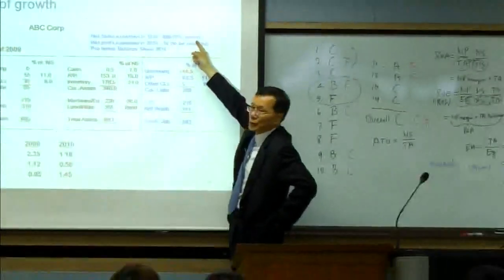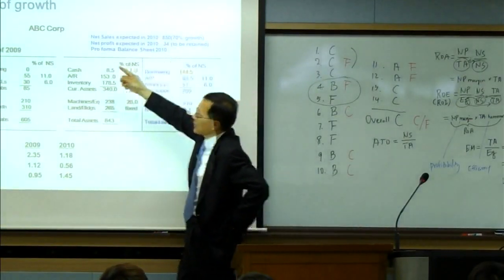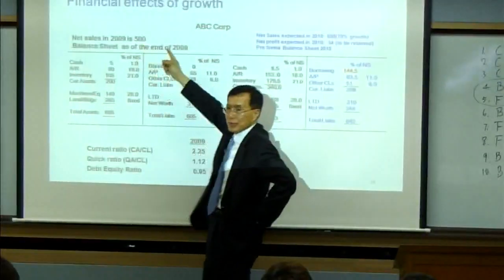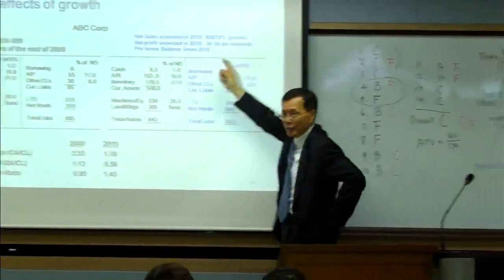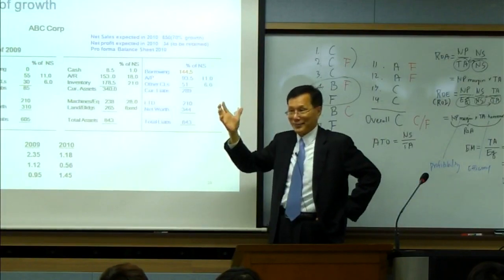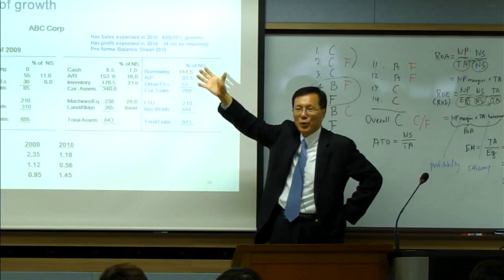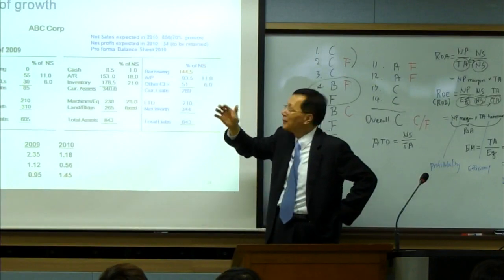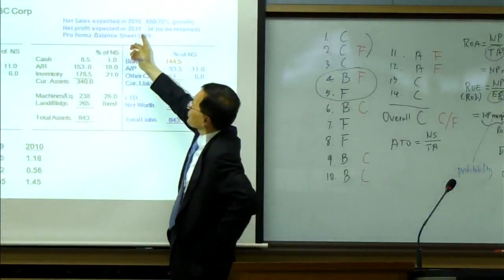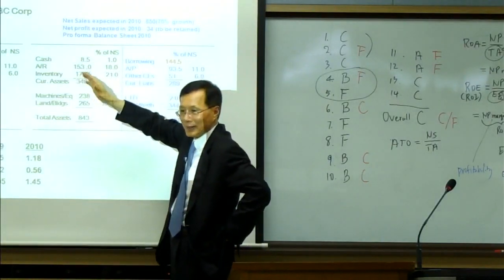The company wants to grow 70% in 1 year. Sales of 500 is to be increased to 850. So this is a growth firm. Very nice. Fast growth. You have a stellar performer in the market. Net profit is expected, and that is to be retained. No dividend paid.